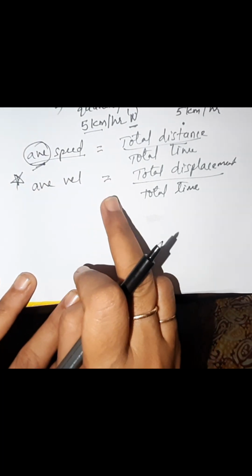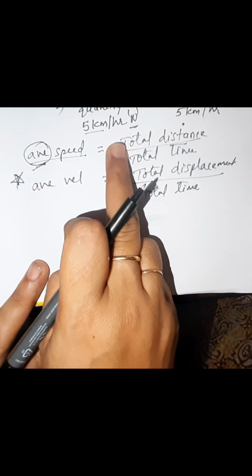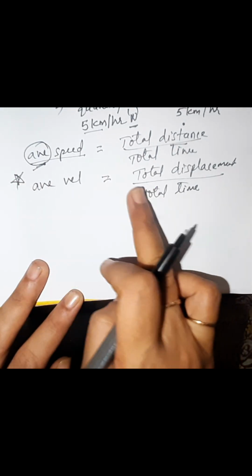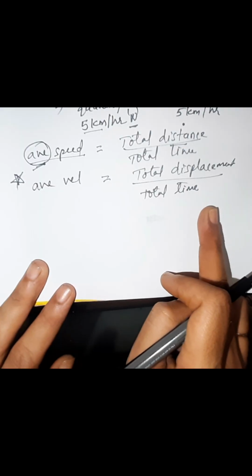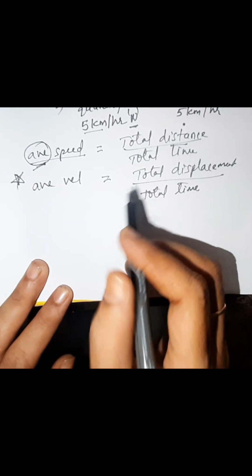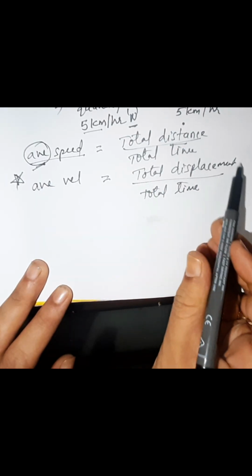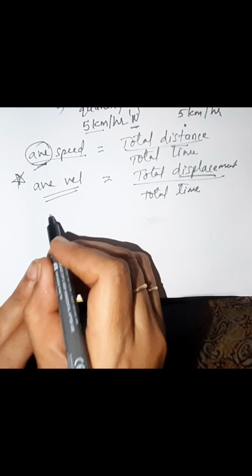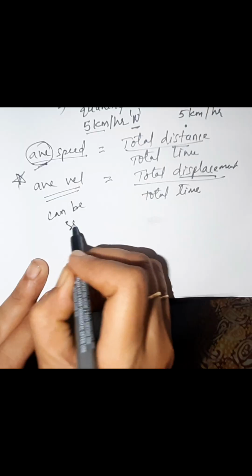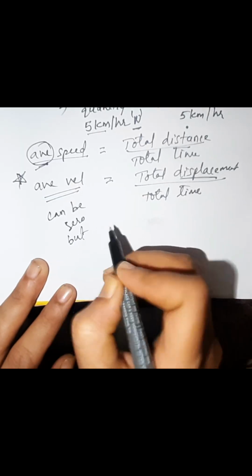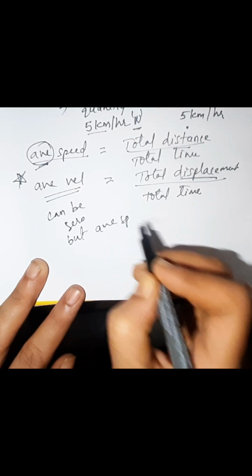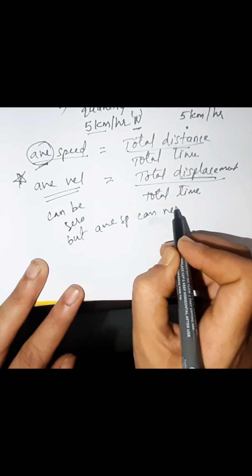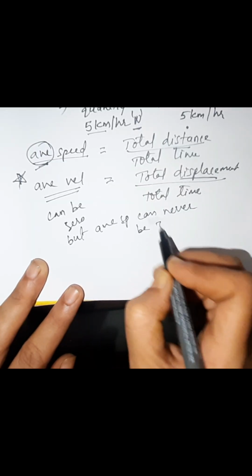Again we can make one more question. First you need to memorize both the formulas. Total distance upon total time is average speed; average velocity is total displacement upon total time. Why are we saying total displacement? As we know, displacement can be 0. So average velocity can be 0, but average speed can never be 0.